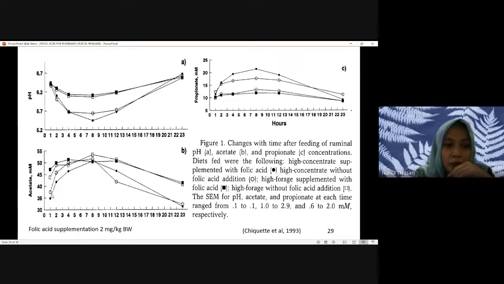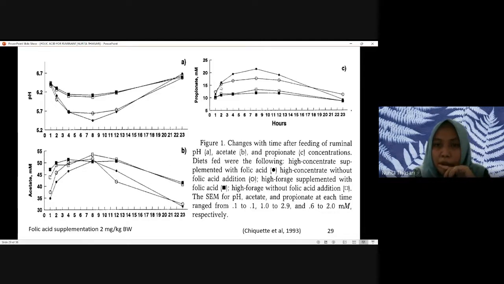But for the high forage diet with the supplementation of folic acid, it shows a low production in the beginning hours, but after around 8 hours the production seems to improve.